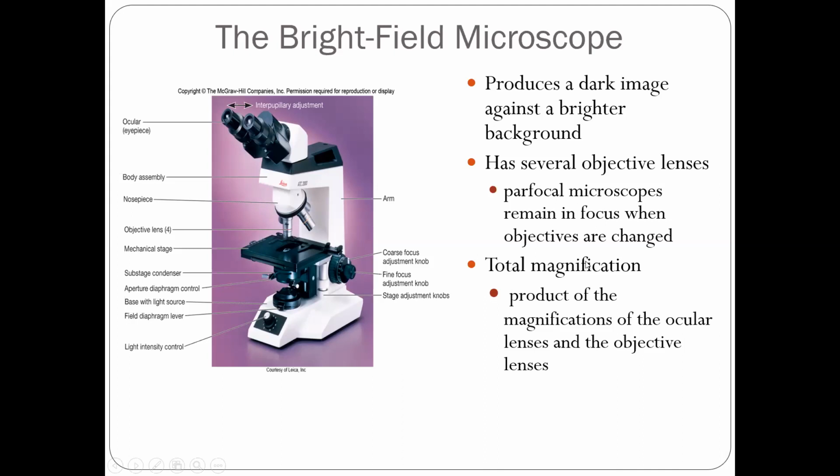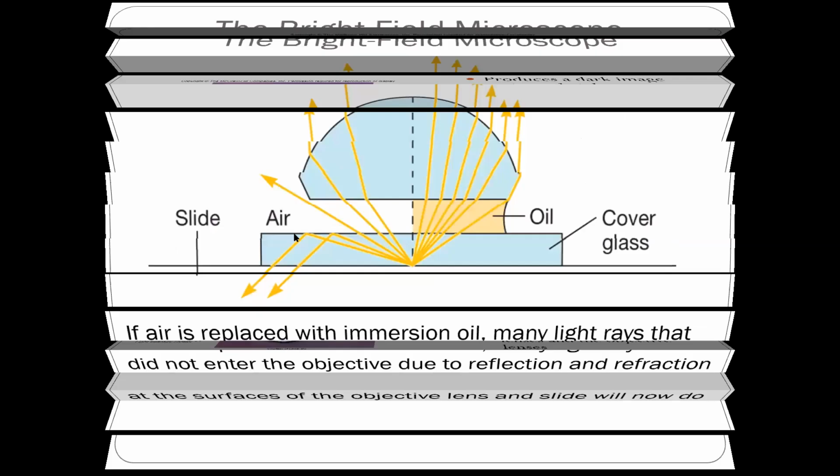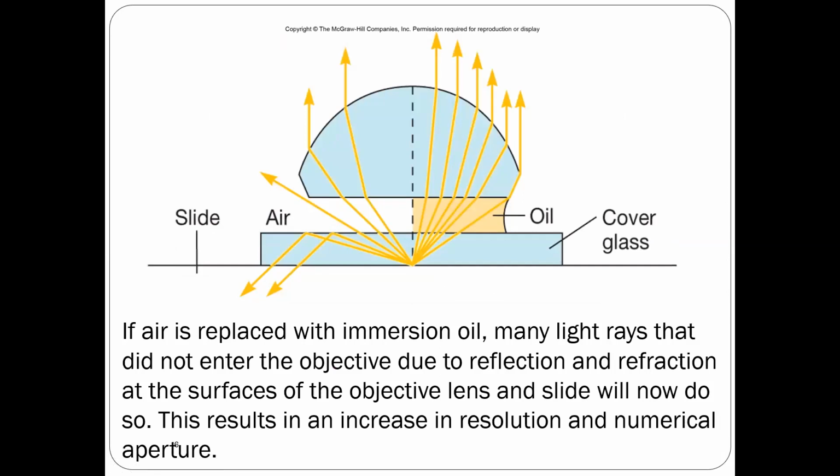We talk about the total magnification, which is the magnification of the ocular lens multiplied by the objective lens. Now we talk about oil immersion. Why do we need oil immersion? We put one large drop of oil on the slide.